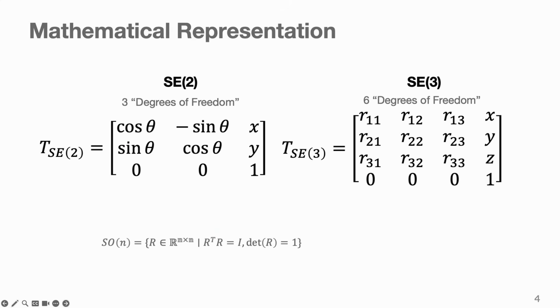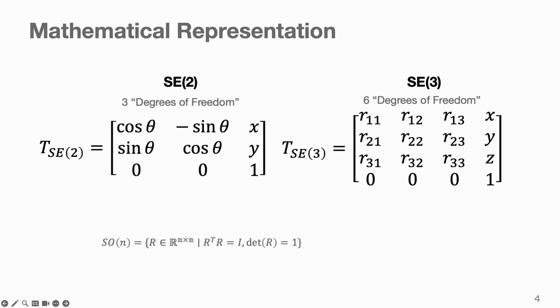This is probably familiar to most of you, but just to go through the basics again so everybody's on the same page: how do we actually represent these in our code? We use homogeneous transformation matrices. On the left, you see this for SE2, which has 3 degrees of freedom, as we said, for X, Y, and theta.